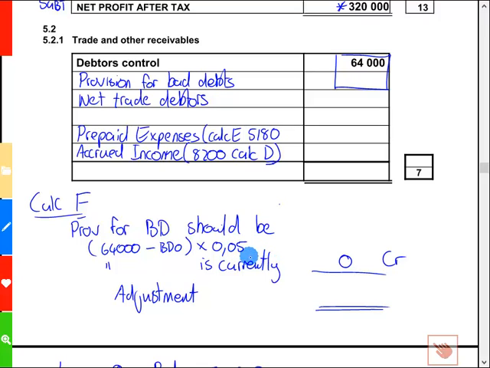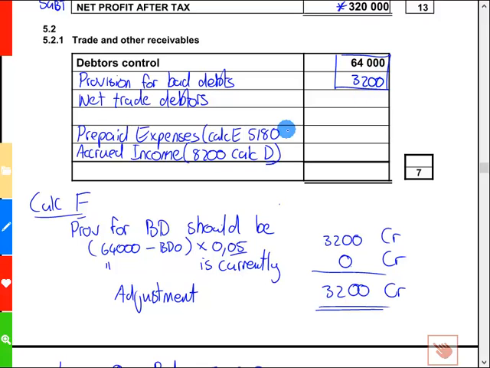Please don't make that mistake. 0,05, and that's going to give us 3,200 credit. So to go from what it is currently, 0, to 3,200 credit, we need to pass an adjustment of 3,200 as a credit to the provision for bad debts in the balance sheet.